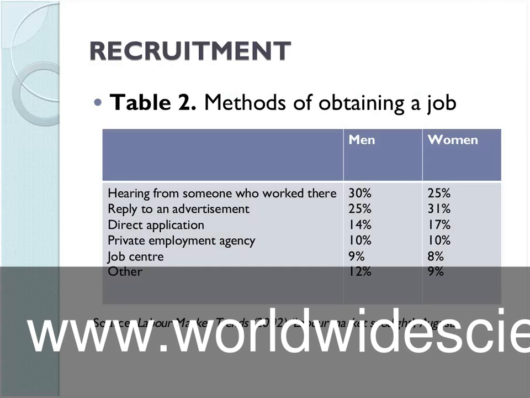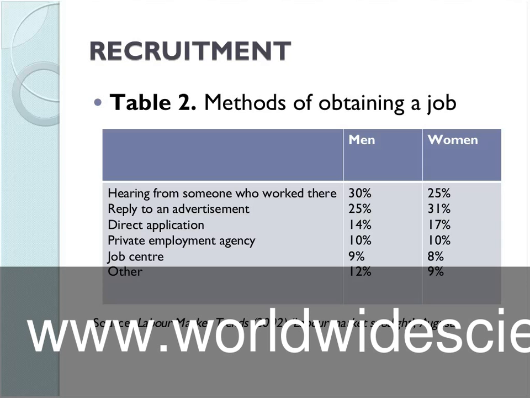The men is 30% and the women is 25%. Reply to an advertisement, 25% men and 31% women. The direct application is 14% for men and 17% for women. Private employment agency, 10% for men and women.